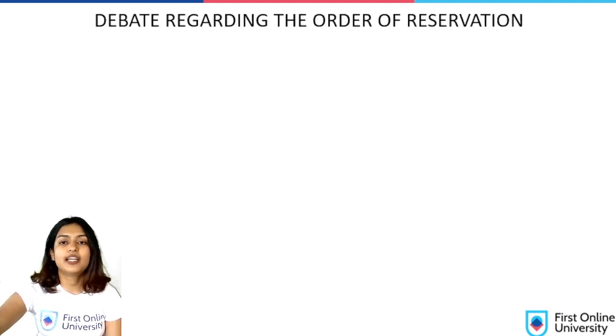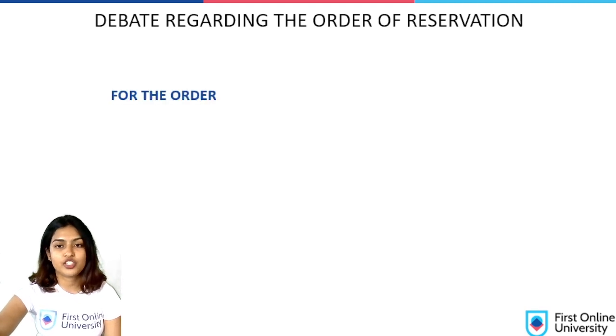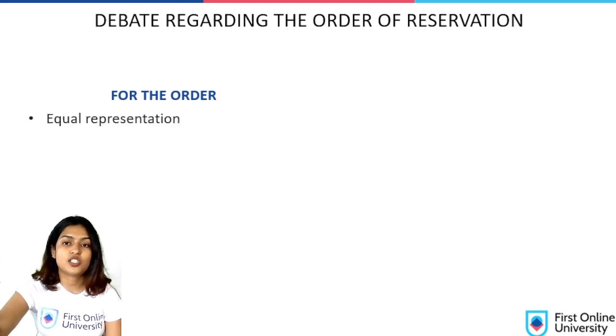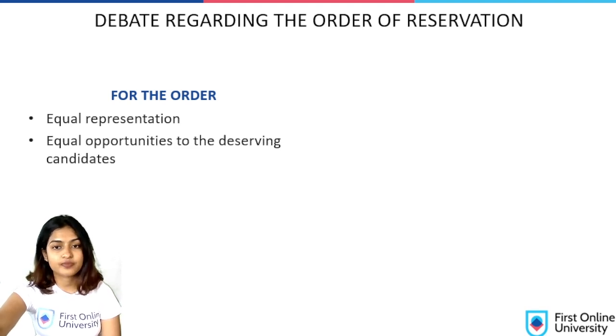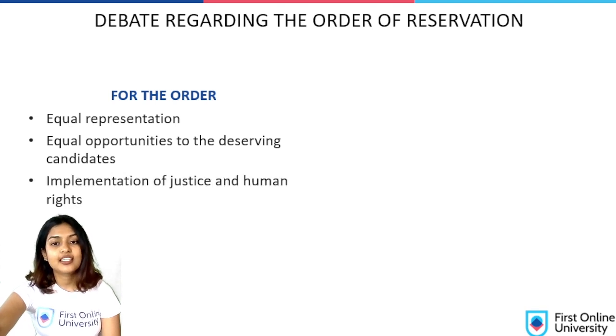So let us see the debate regarding the order of reservation. There were many people against this and there were people for the concept of reservation as well. So let us see the pointers for the order. Why do we need reservation? Yes, it gives equal representation. It gives equal opportunities to the deserving candidates.